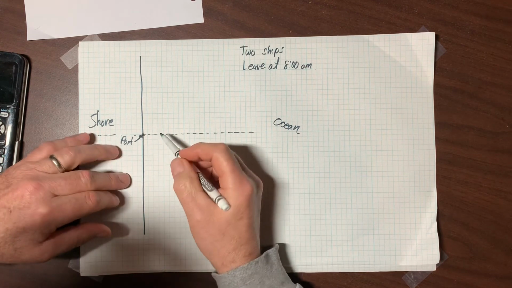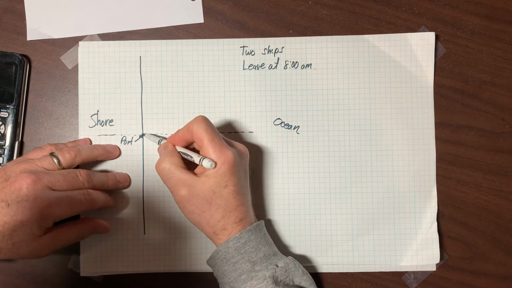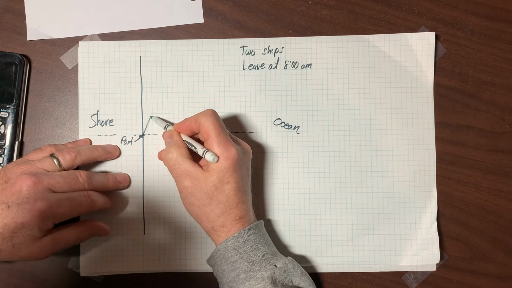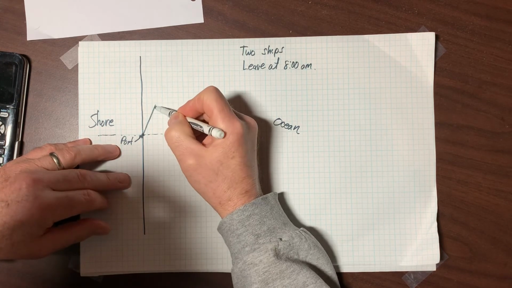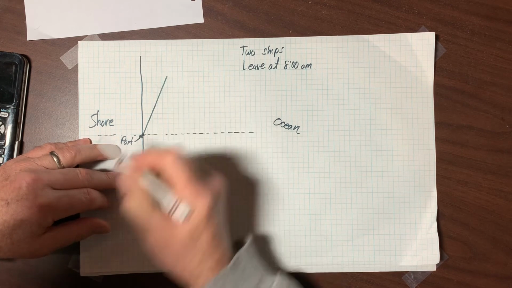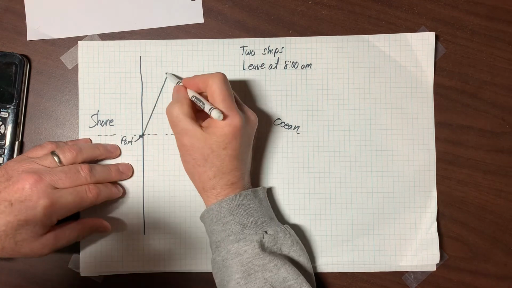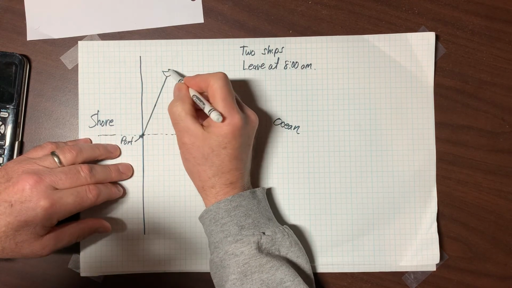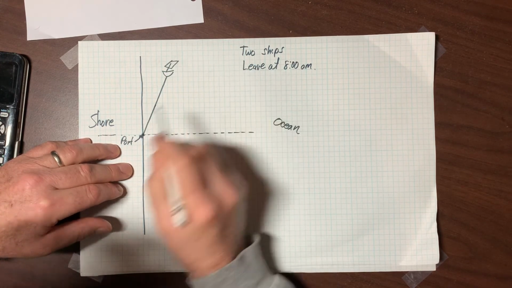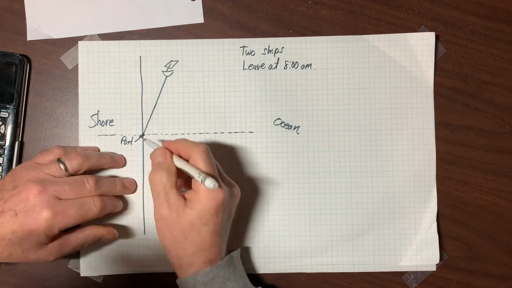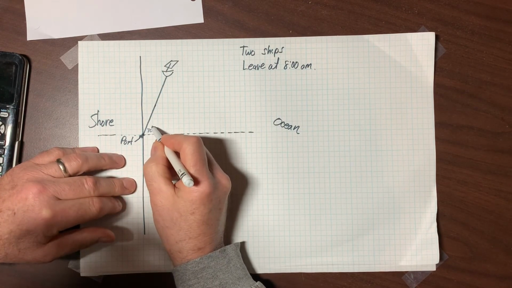One ship travels in a direction of 70 degrees. So that would be this way, like this. All right, that's ship number 1 out there. The direction is 70 degrees. So this is ship number 1. And this is 70 degrees right here, this angle.